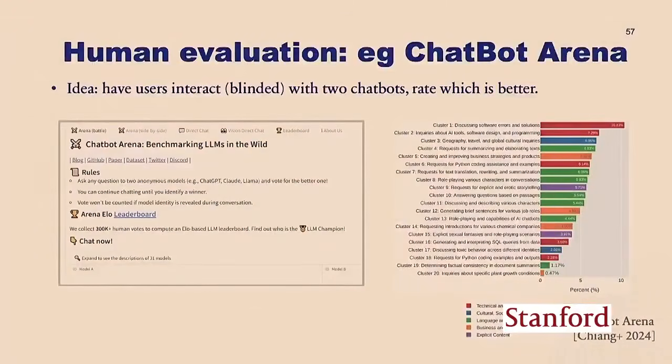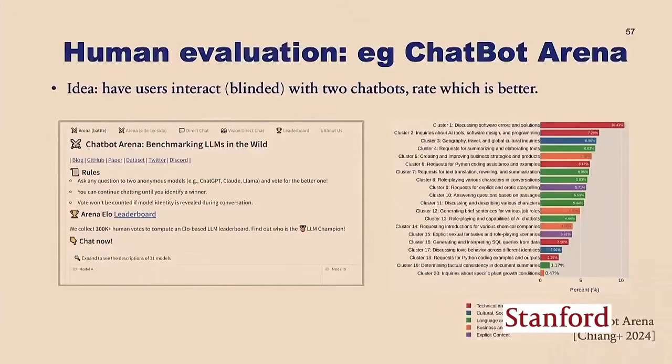Probably the most common, or the most trusted benchmark, is what we call Chatbot Arena, which is basically: go on the internet, have random users blindly talk with 2 chatbots, ask many questions, see the 2 answers, and rate which one is better.